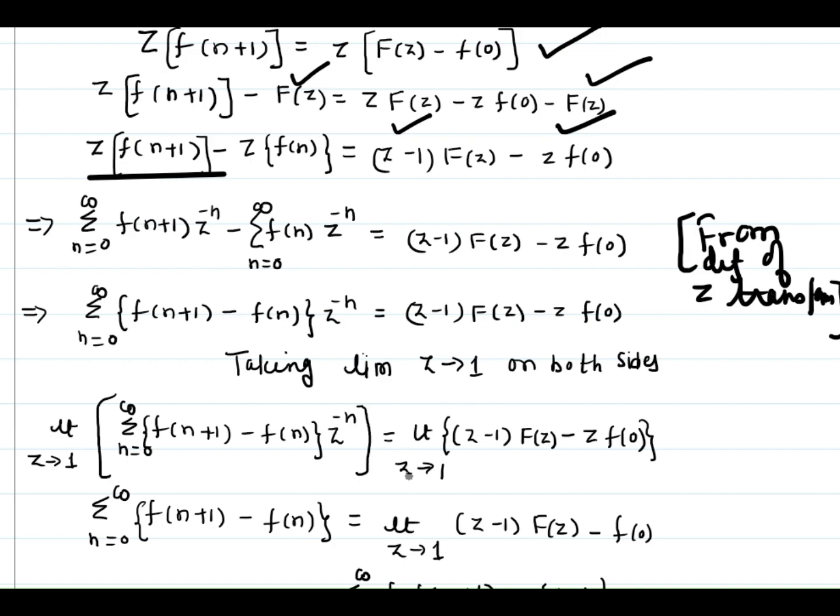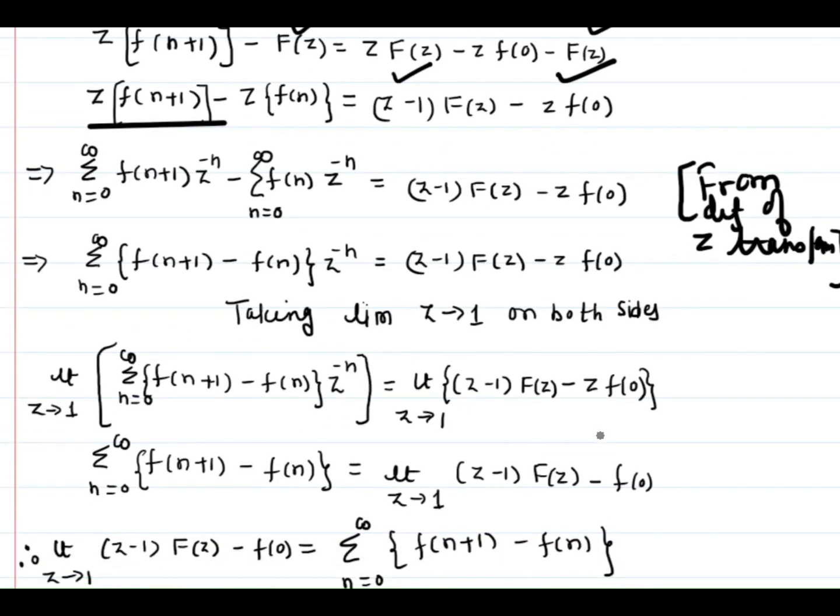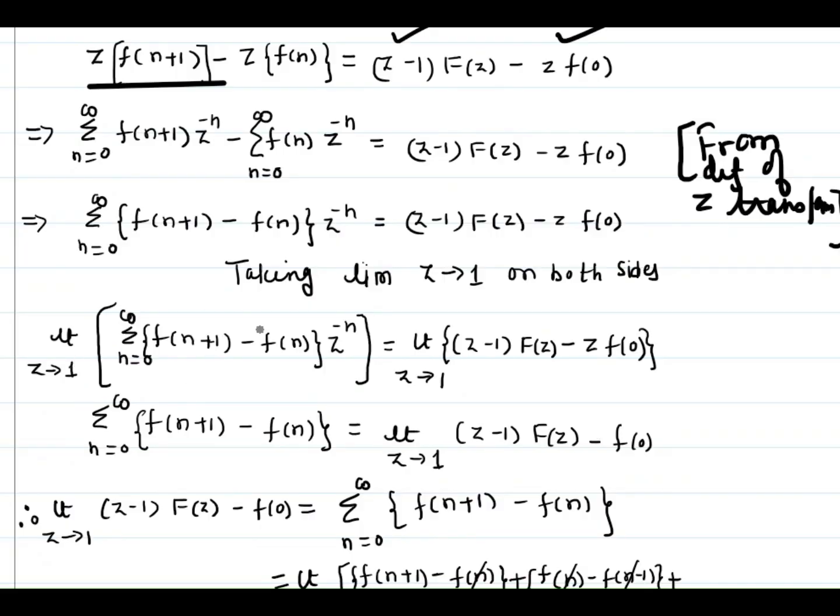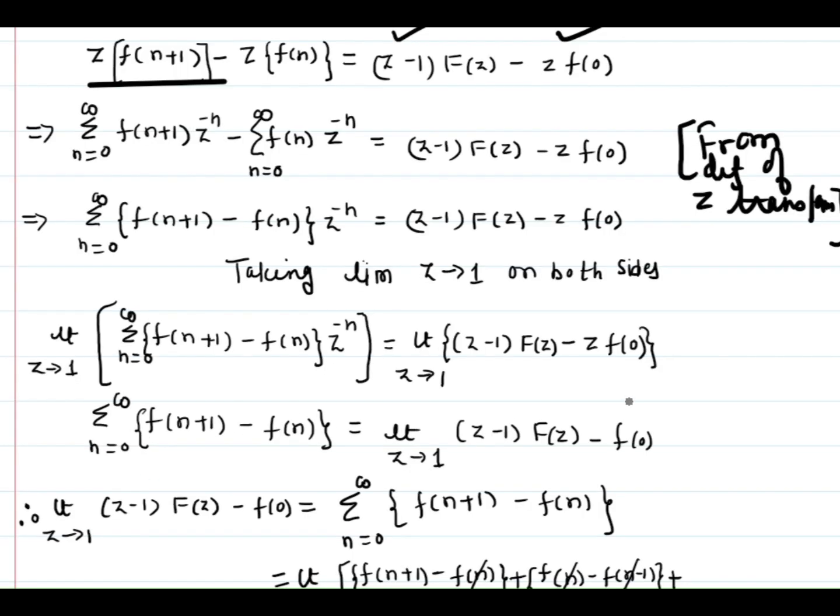Now taking limit z tends to 1, because we are just proving the final value theorem. z tends to 1 on both sides, and taking limit. If we are taking limit on both sides, this we can write limit z tends to 1, (z minus 1) F(z) minus f(0), because here z is 1, so you have to substitute z equals to 1 here. In the same, z equals to 1, means 1 to the power minus n is nothing, so we have this value.